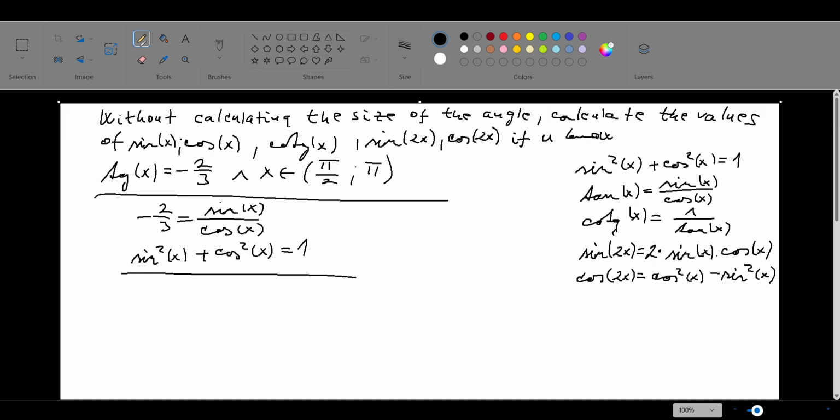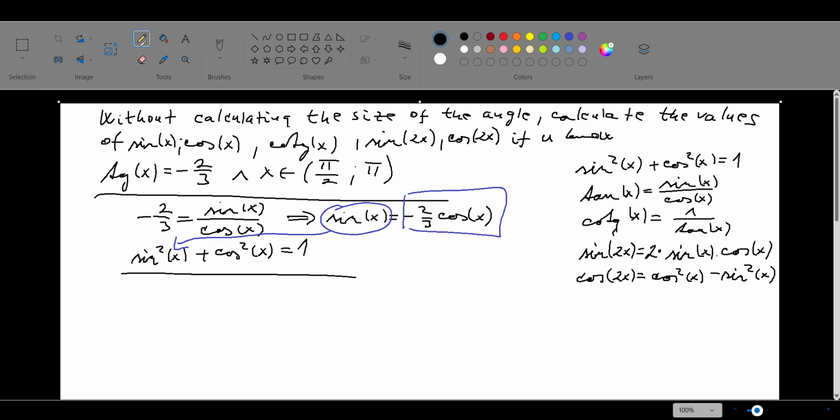We can use the substitution method, which means from the first equation we can say that the sine of x is equal to negative 2 over 3 times cosine of x. And if you realize that you already know what the sine of x is equal to, you can replace sine squared of x with this expression.